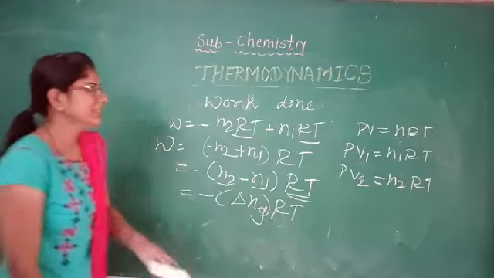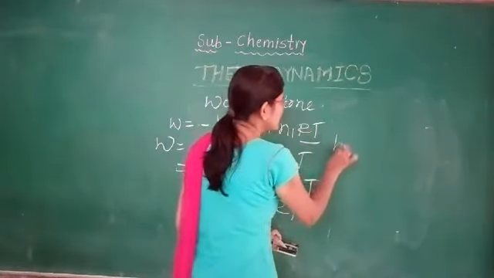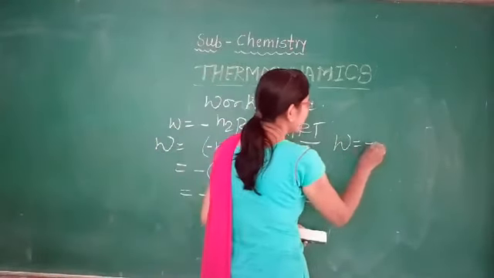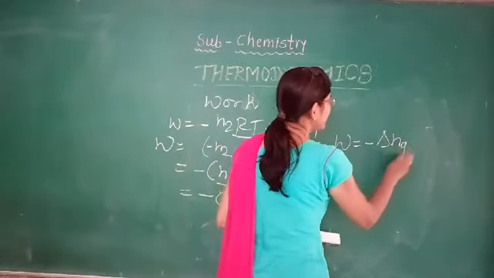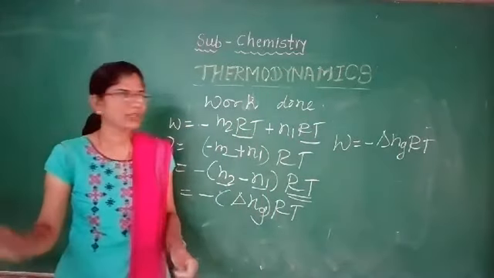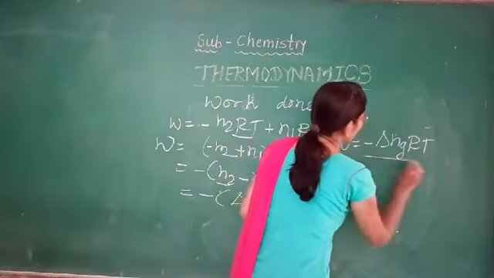So finally the work done for the chemical reaction is W equals minus delta Ng RT. This is the final expression of work done in a chemical reaction.